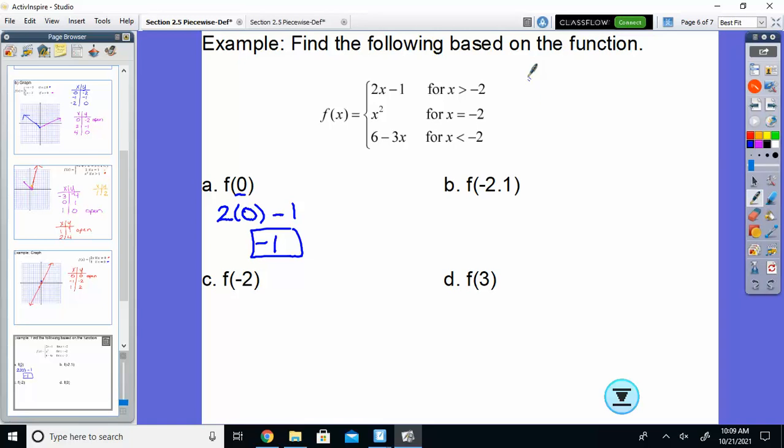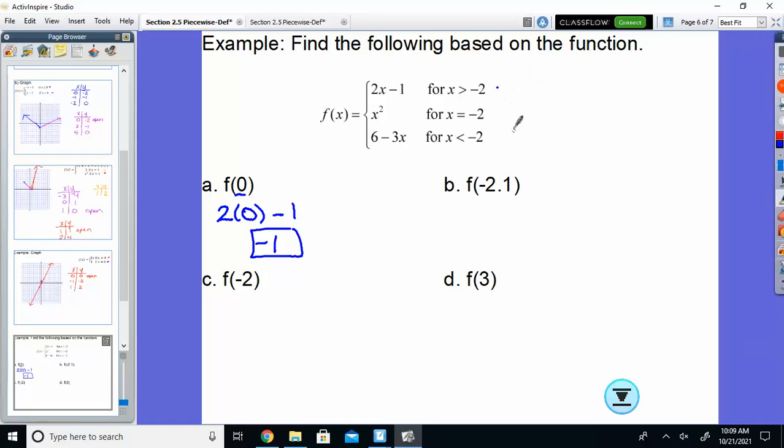Right. If I said -2.1, is that greater than -2, equal to -2, or less than -2? Less than. So you'll put it into the last piece.